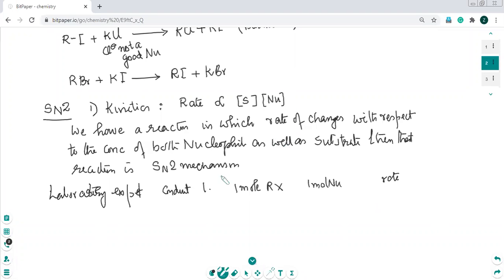Now conduct a second experiment in which you take 1 mole of the same substrate and 2 moles of nucleophile. So this is R1. What have you done? You have changed the concentration of nucleophile. You have not changed the concentration of the substrate.